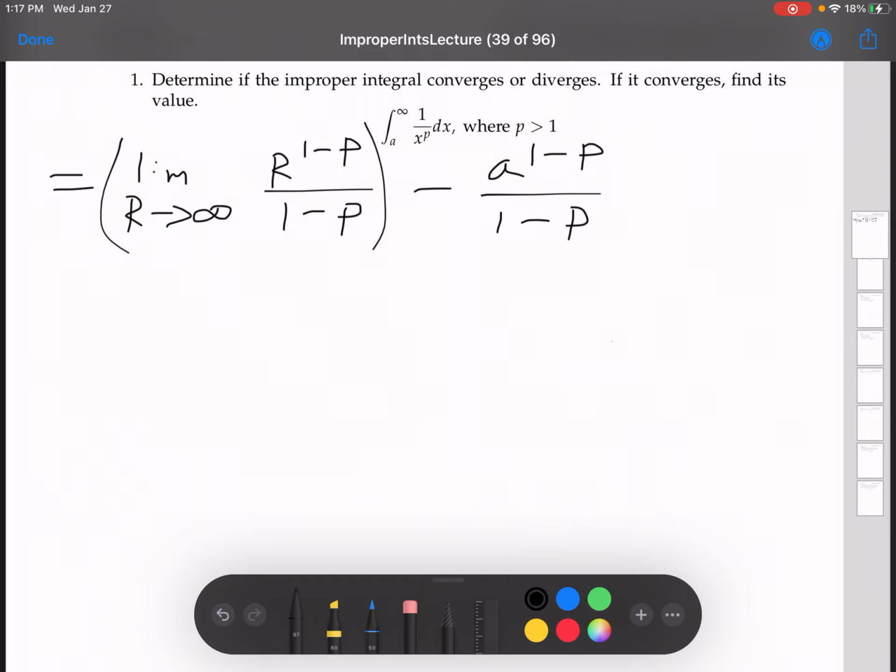Since p is a constant, r doesn't really affect that. So just like with integrals, we can pop this fraction 1 over 1 minus p out to the front.